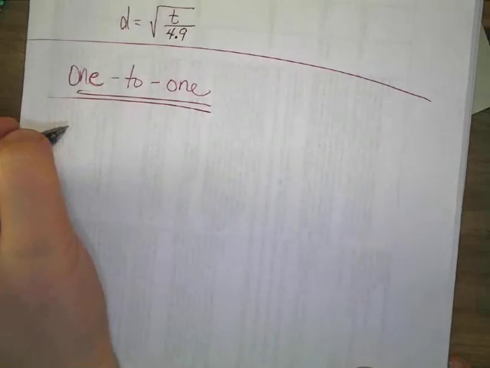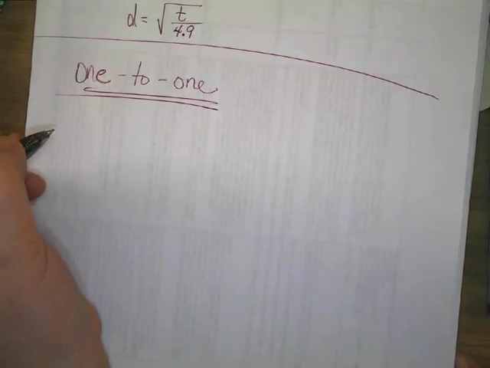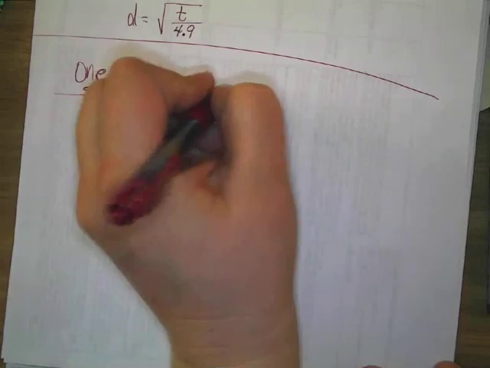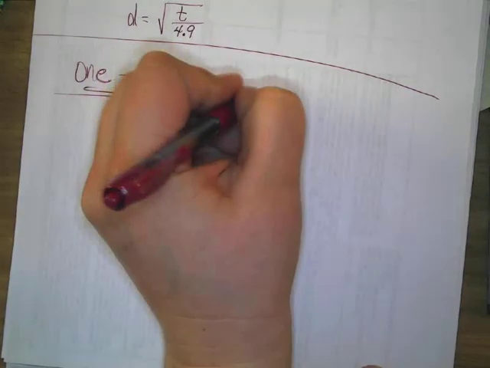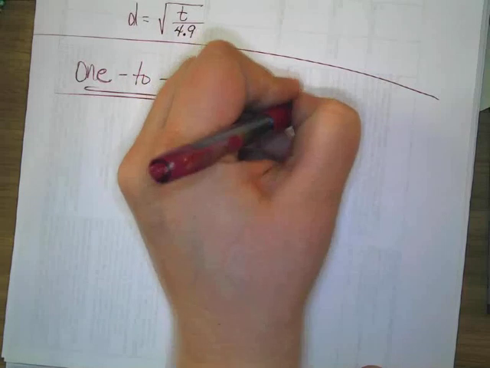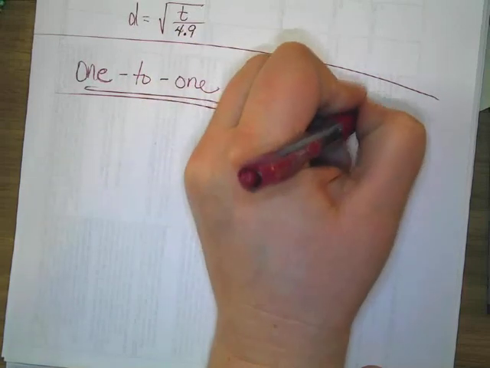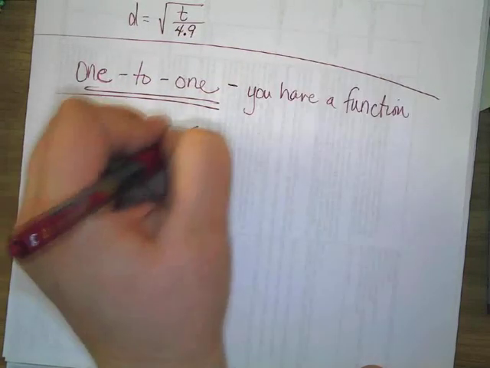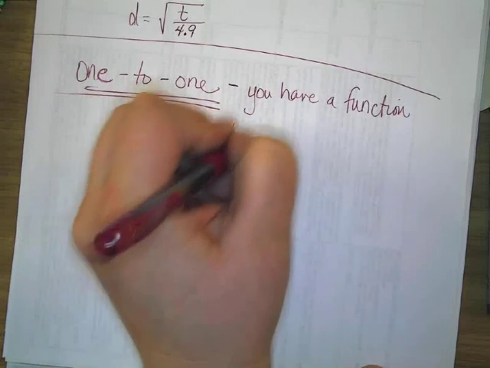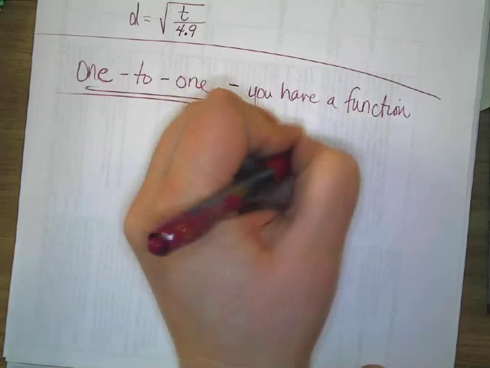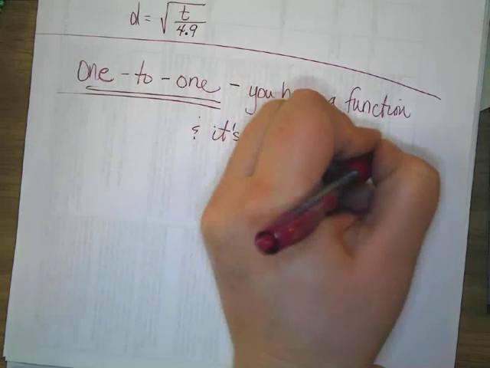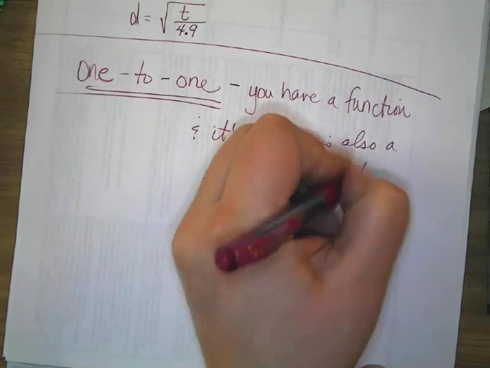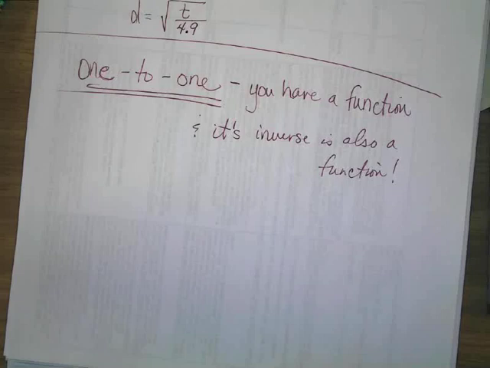One-to-one is a big deal. So one-to-one means you have a function and its inverse is also a function.